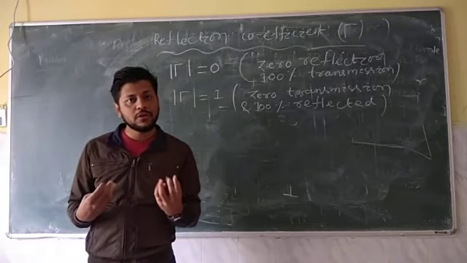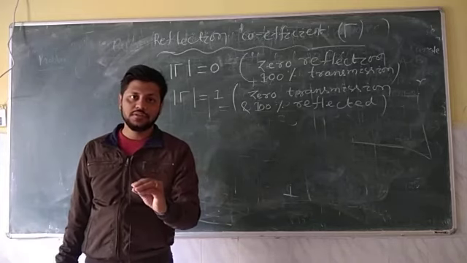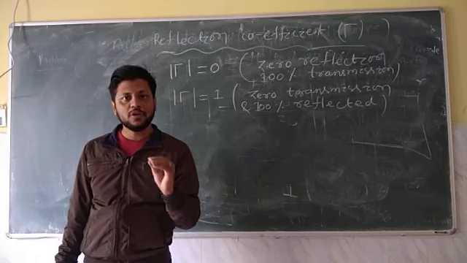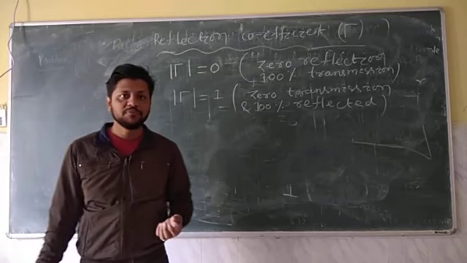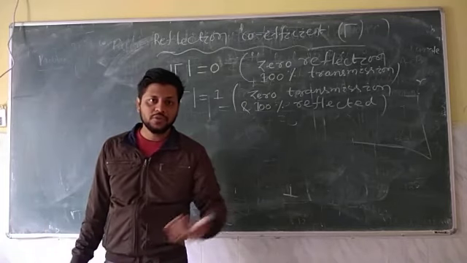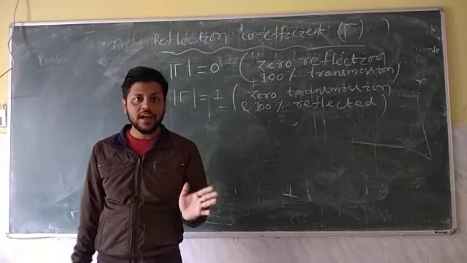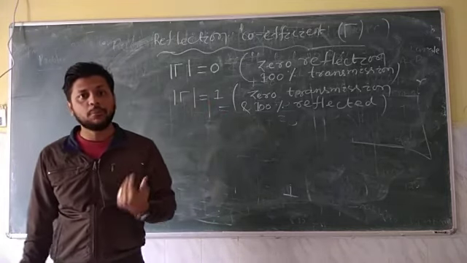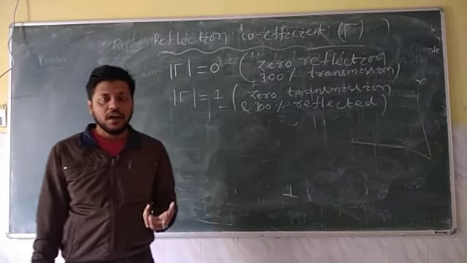So what will be your target? This gamma should be as minimum as possible, close to 0, for example 0.1, 0.2, 0.3. If this is the value of gamma, then maximum transmission will occur and minimum reflection. When gamma is closer to 1, that is 0.7, 0.8, 0.9, in that case what will happen?